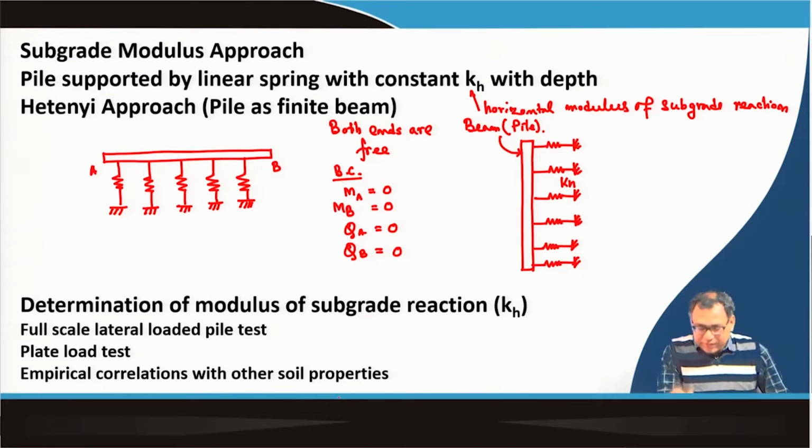As I mentioned, these things have already been discussed in the beams on elastic foundation concept during the shallow foundation part. We consider this beam as an infinite beam, then calculate the bending moment and shear force at both ends, A and B, due to the external load.